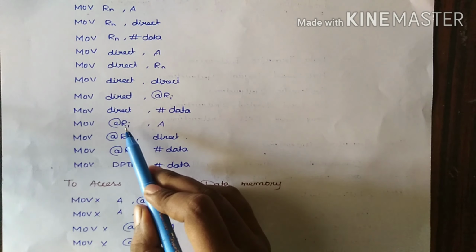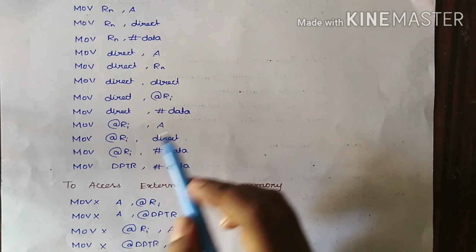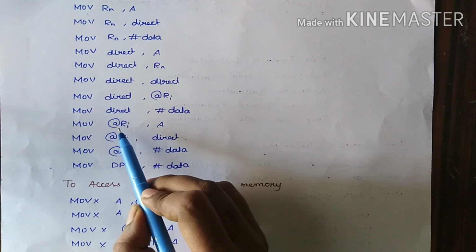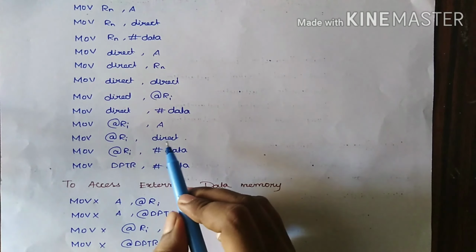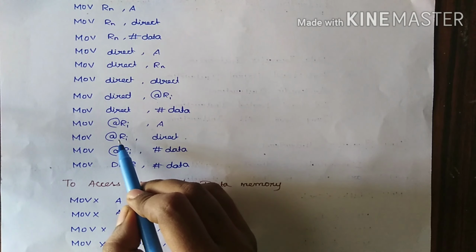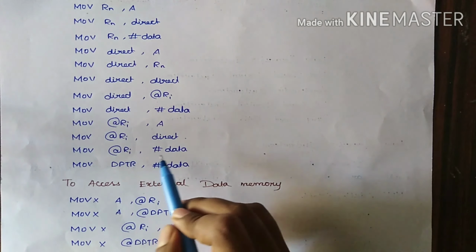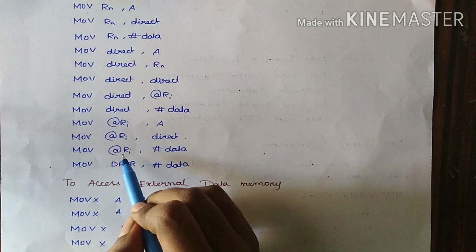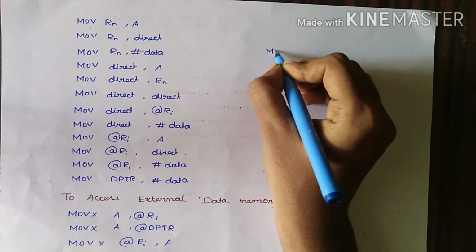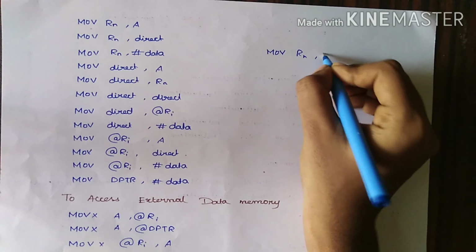Here we have used the indirect registers as the destination. So the data from the accumulator will be copied to the address inside this register, and the data from the direct address will be copied to the address in this register. Here the immediate data will be copied to the address in this register. And also we have no instruction like MOV Rn, Rn.